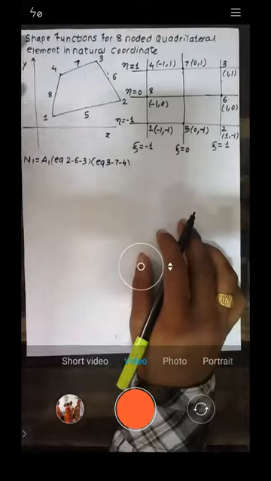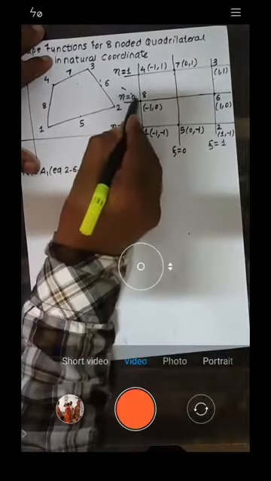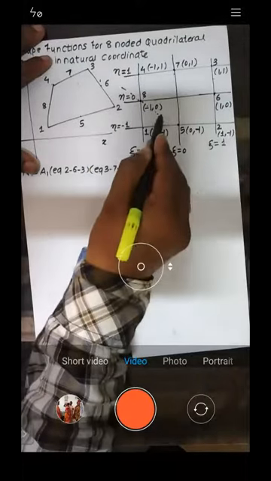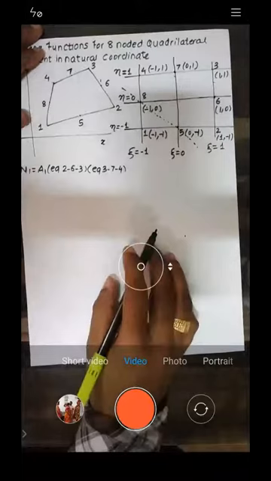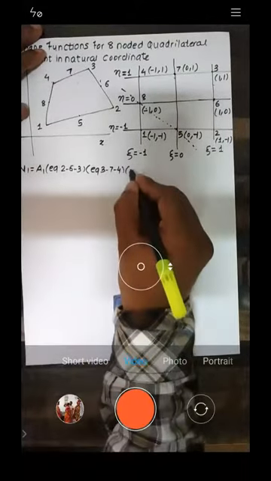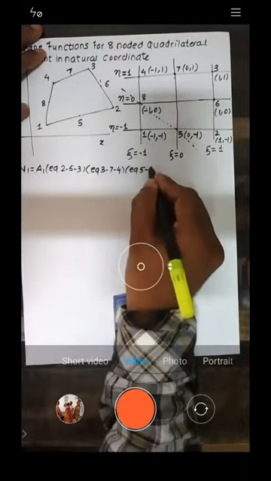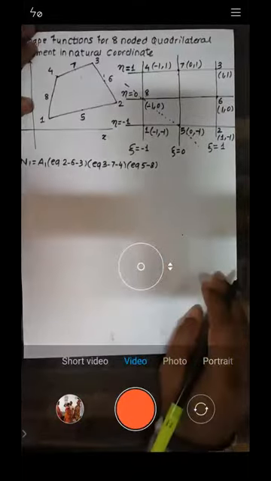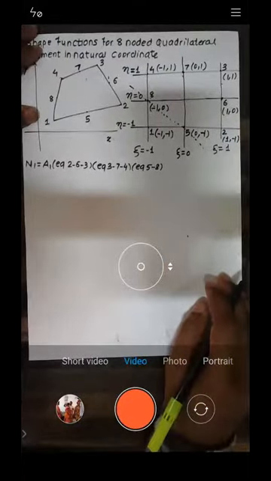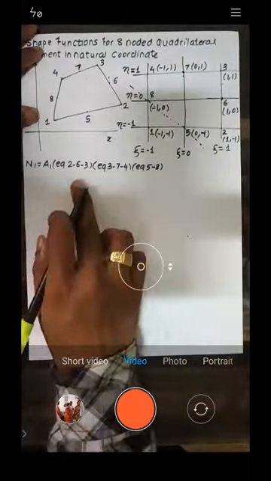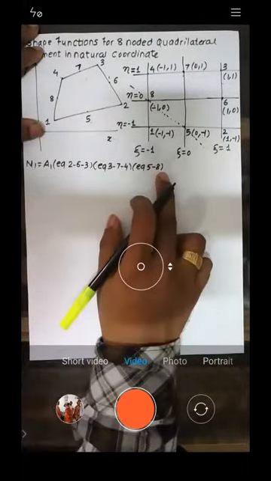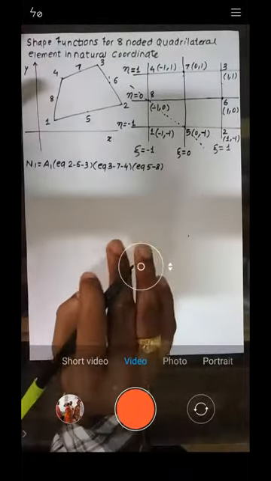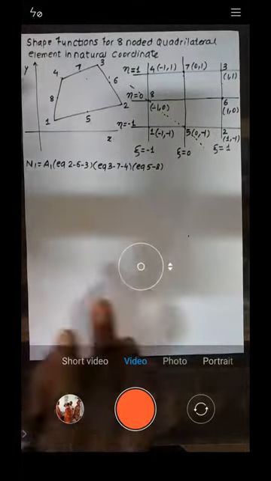So what we do? We need to draw a line which is passing through 5 and 8, and I will write that as equation 5. Whenever you are adding the equations of the lines, they should cover all the nodes except node 1.